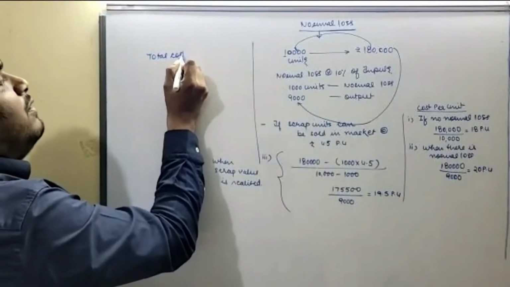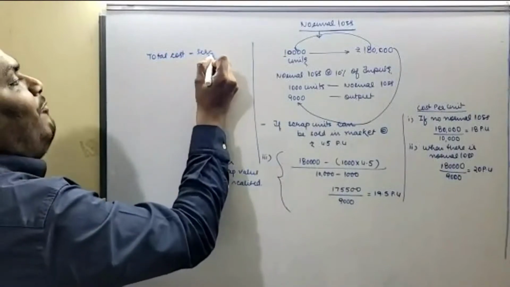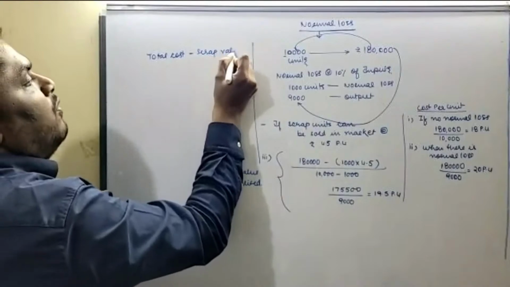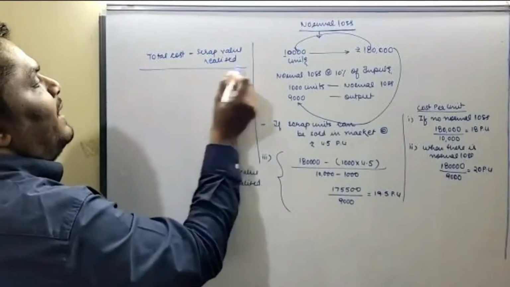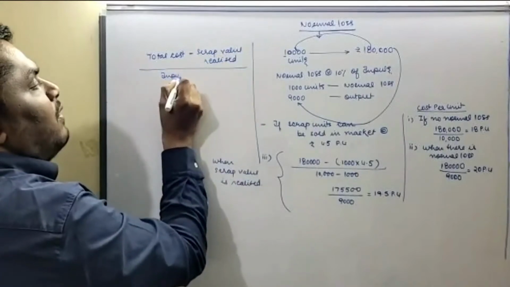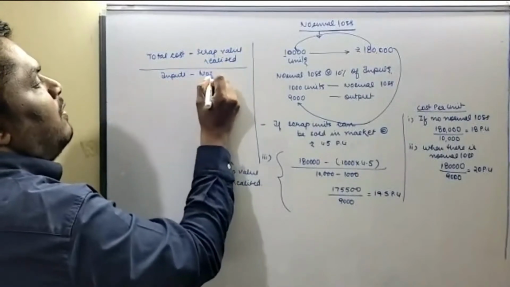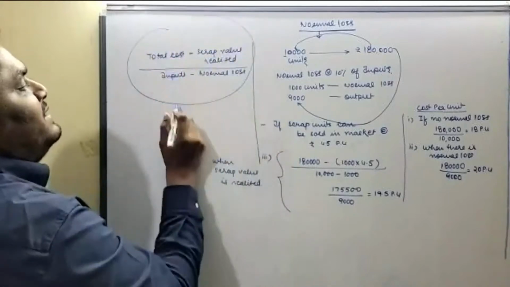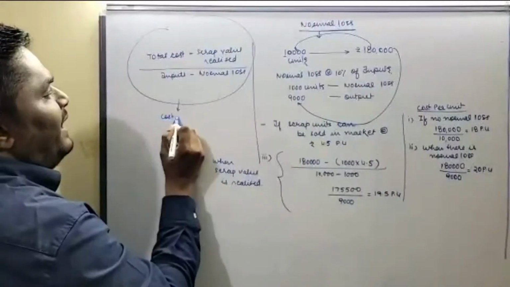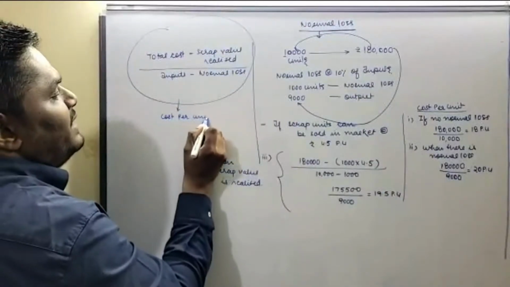Total cost minus scrap value realized, divided by inputs minus normal loss. This is how the cost per unit will be calculated in every case in process account.